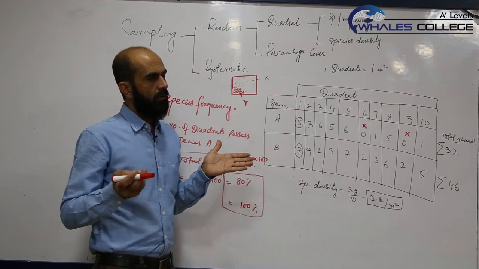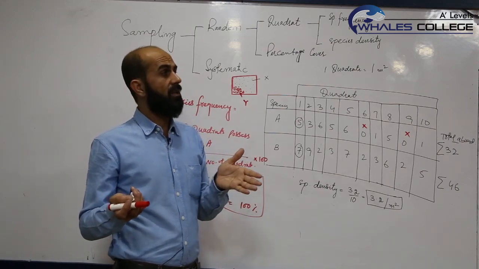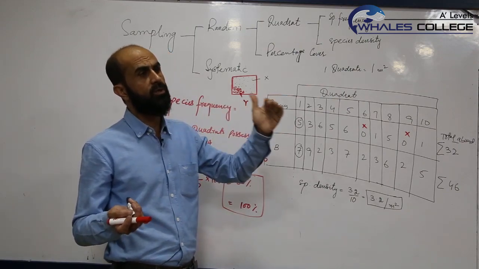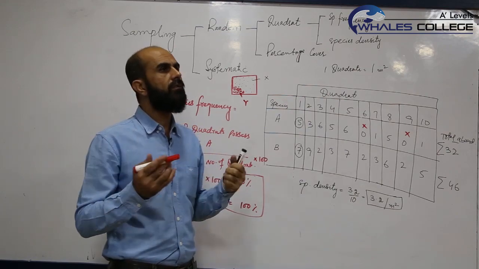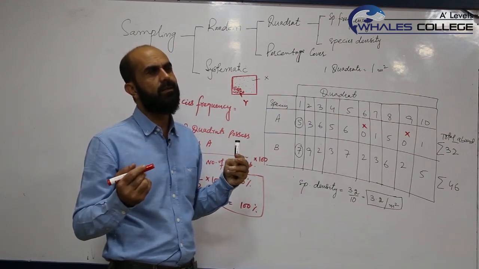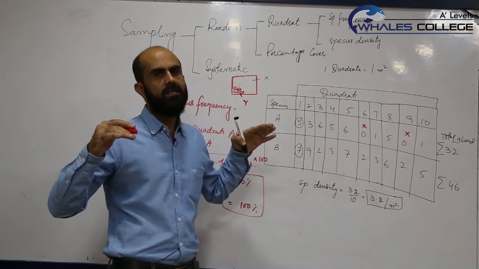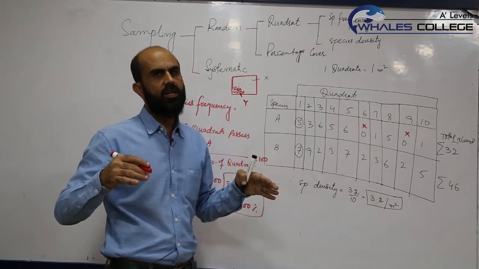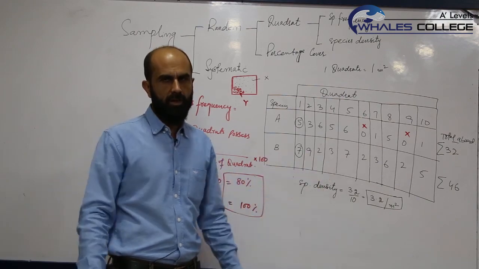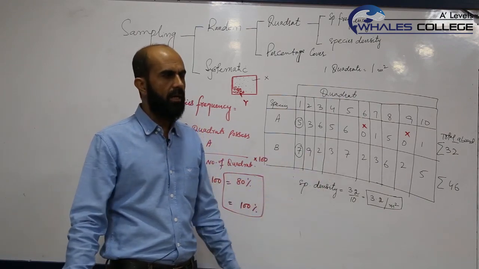So they have their own importance, because when you are talking about distribution, random and even distribution of a species means that there is little change in the surrounding environment. The environment is quite stable and the species is not stressed, so it can survive everywhere in a community or in a habitat.